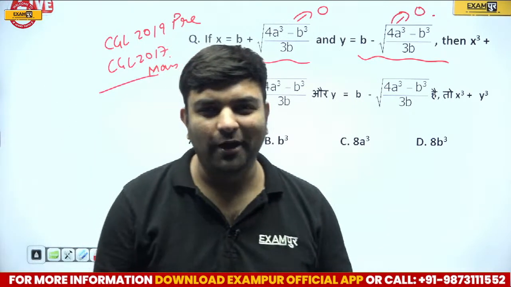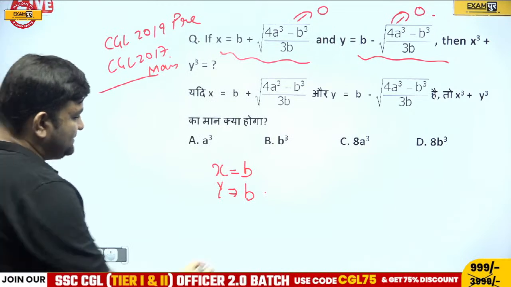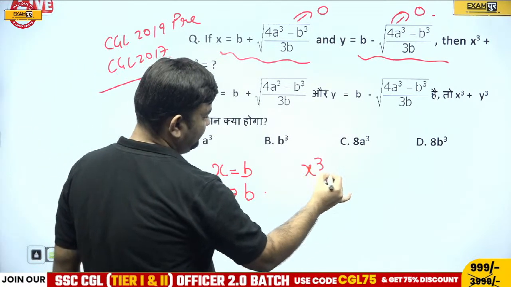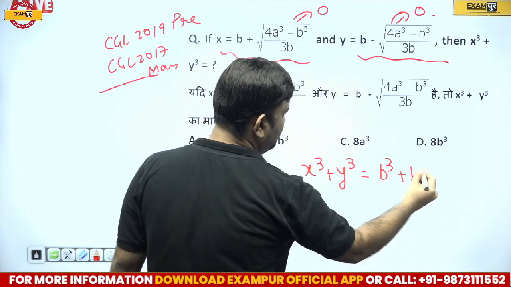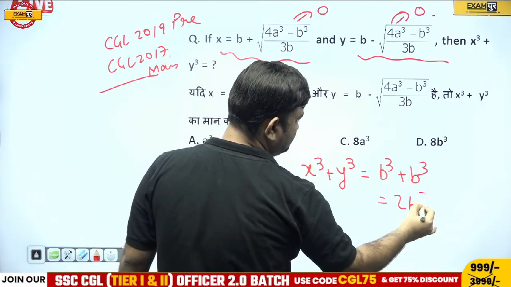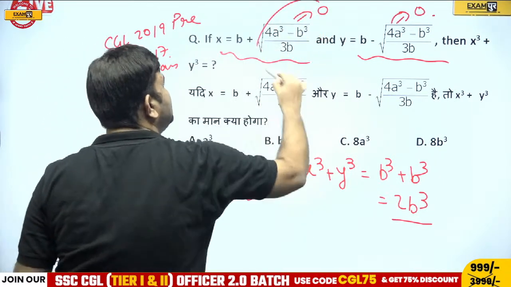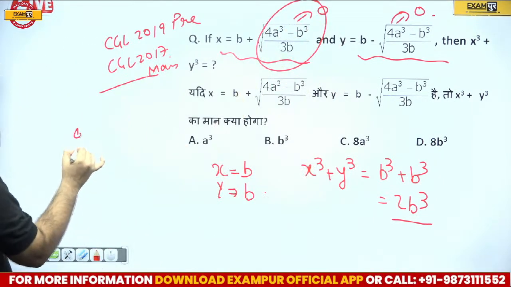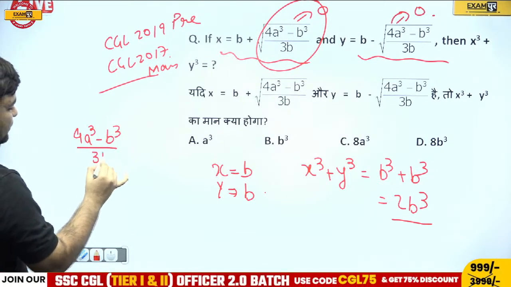Let's see, guys, what happens. We are in experimental mode. What is x cube plus y cube? X is b, so b cube plus b cube, 2b cube. And we have assumed this as 0. So please see 4a cube minus b cube over 3b is 0.